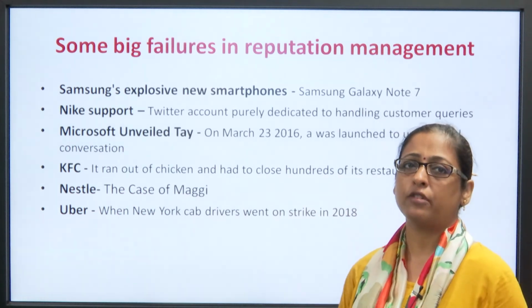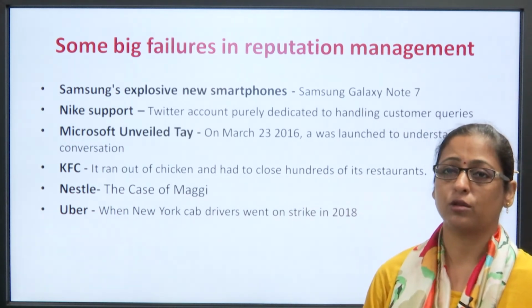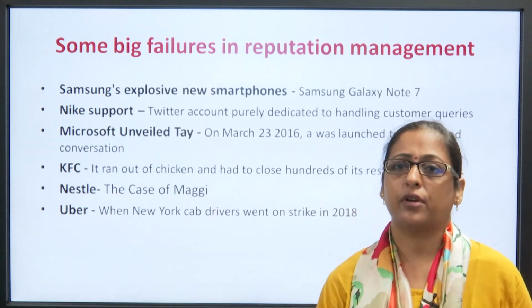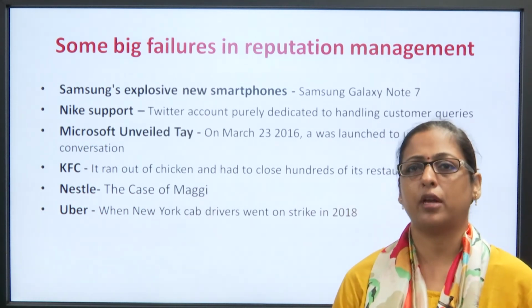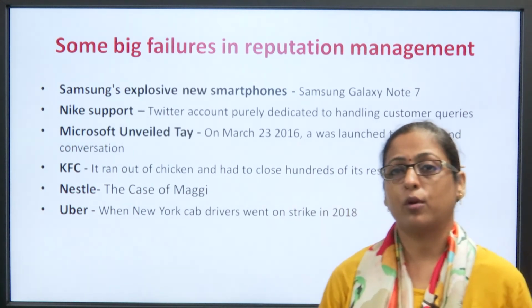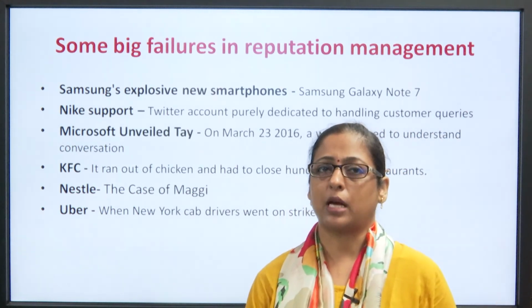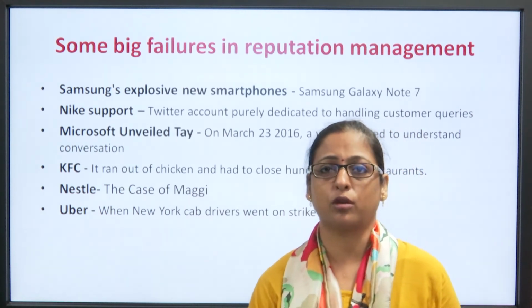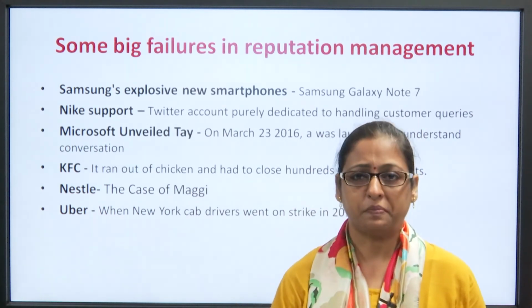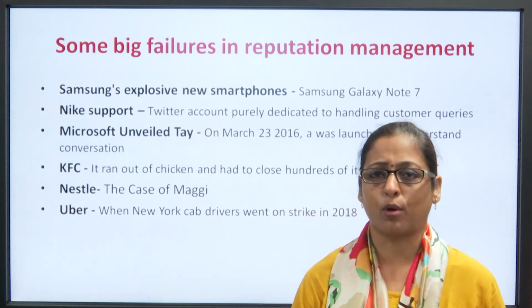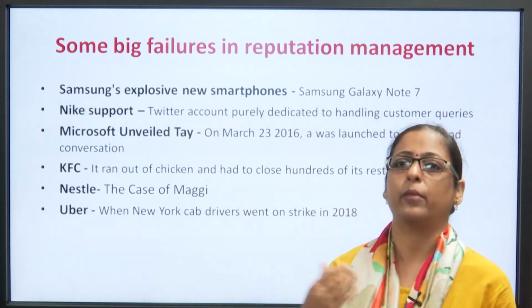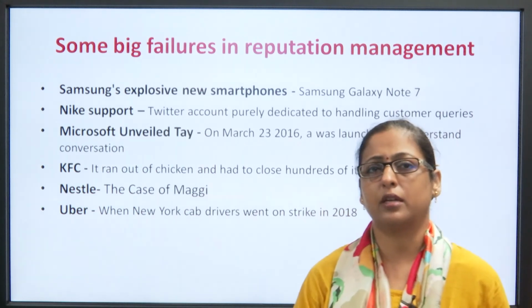There have been several big failures also, but these are companies who still did a lot of activities in order to improve. So, we have very common examples. You might be able to recall Samsung's explosive new smartphone, where one of the models, the Samsung Galaxy Note 7, used to explode. So, that was one problem that was identified in the particular mobile, and the way they responded to it.